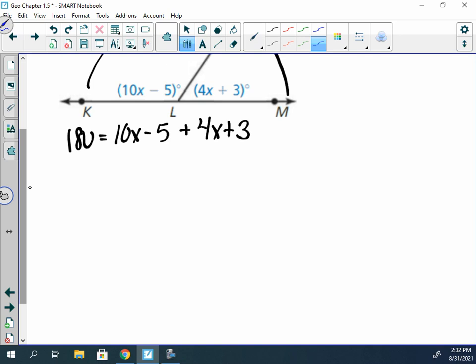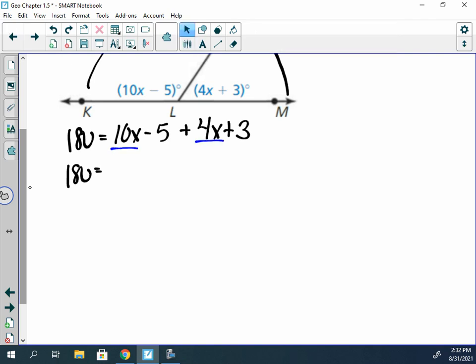Well, the first thing we can do is combine like terms. What are our like terms? 10x and 4x. Because they're on the same side of the equal sign, we can add them together, which would be 14x. And our other like terms are negative 5 and 3, and we can add those together.